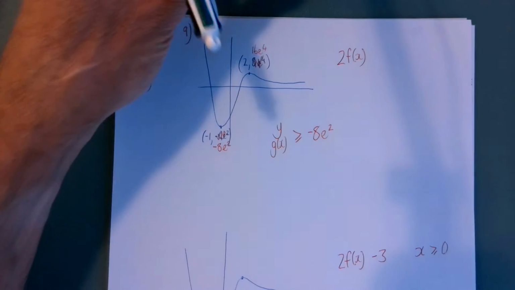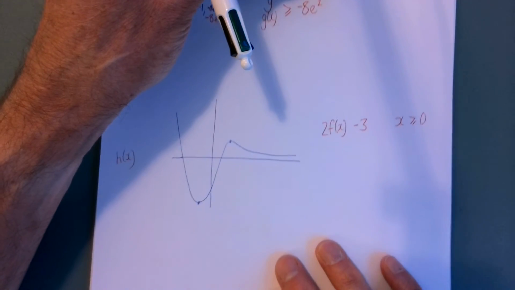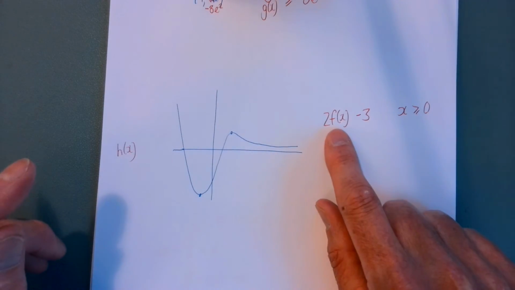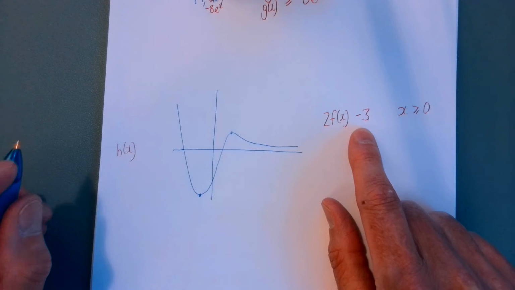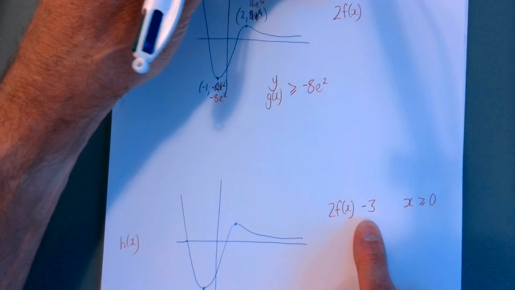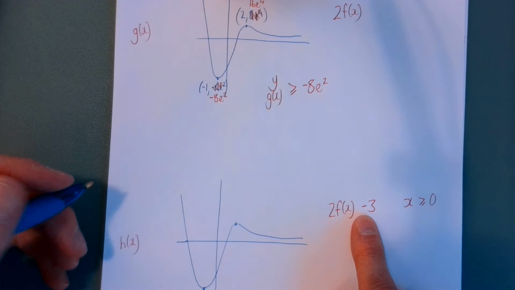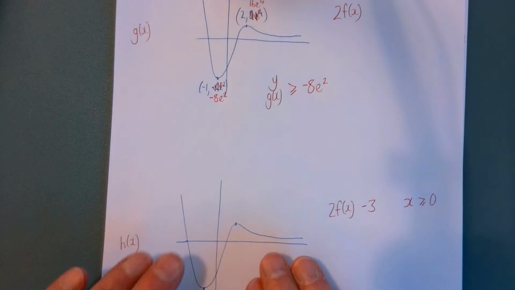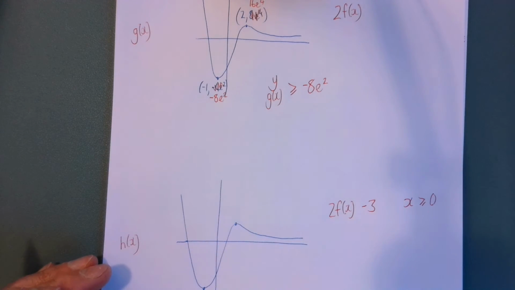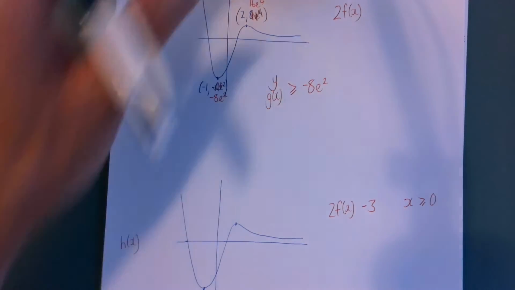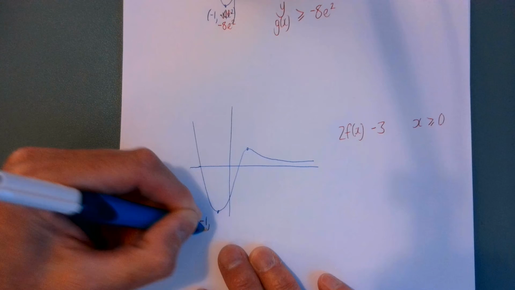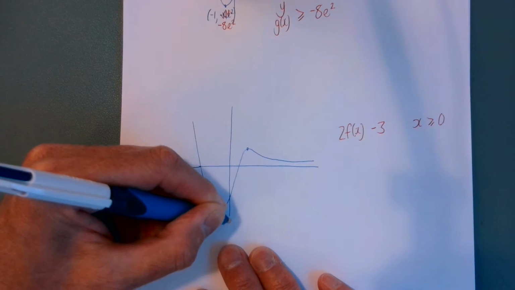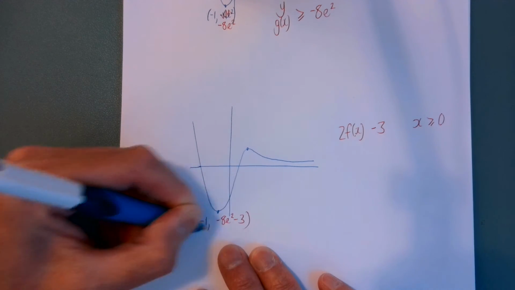So let's now look at the second variation on the theme, which they call h of x, which is 2 times the original function take away 3. So that means that it's the same as the previous function, but we've just subtracted 3. And all that's going to do to the graph is move it down 3 units. So this point down here will become minus 1, minus 8e squared minus 3.